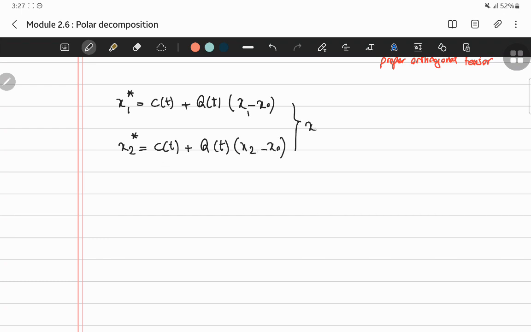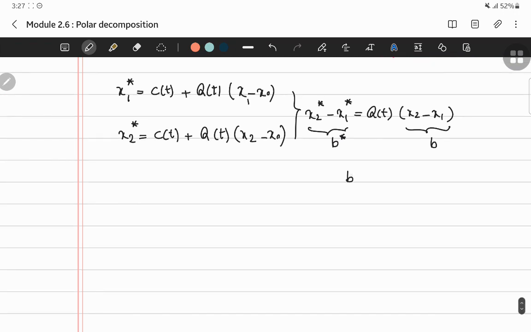So if I subtract x1 from x2, this cancels out this one. Then I have Q(t) times x2 minus x1. So if I rewrite this as b star and this as b, because you have two vectors in here, you have b star equal to Q(t) b.